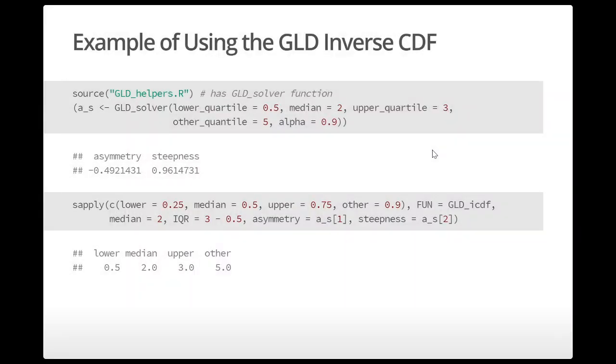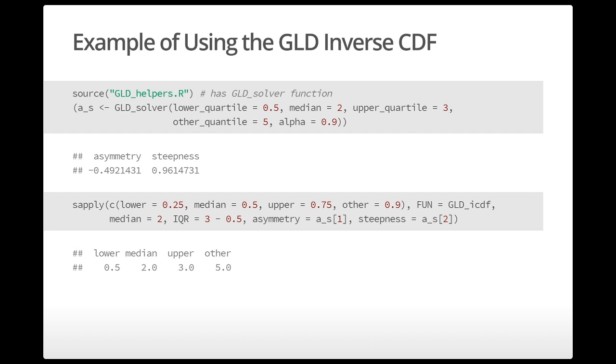So if you download that helpers R file from Canvas, let's say you have this parameter theta that could be any real number. You think there's an even chance that it's greater than or less than 2, a 25% chance it's less than 0.5, a 75% chance it's less than 3, and then I'm going to need 1 more quantile because I don't have bounds. So let's say the 90th percentile is 5.